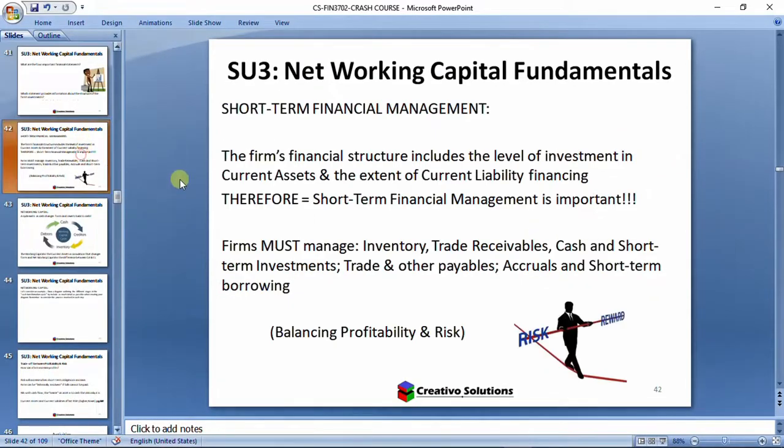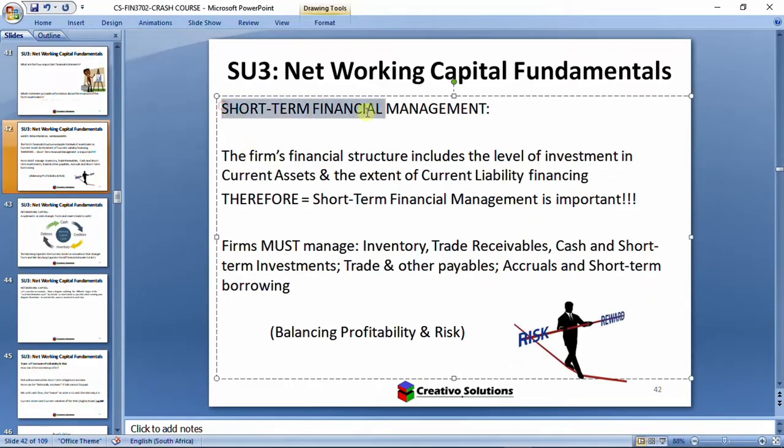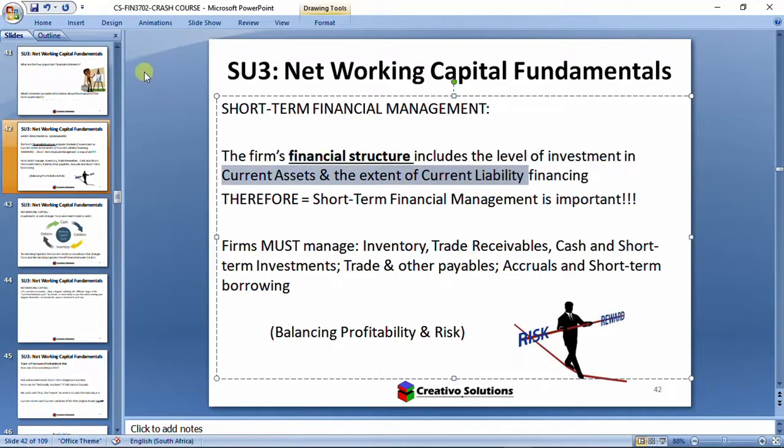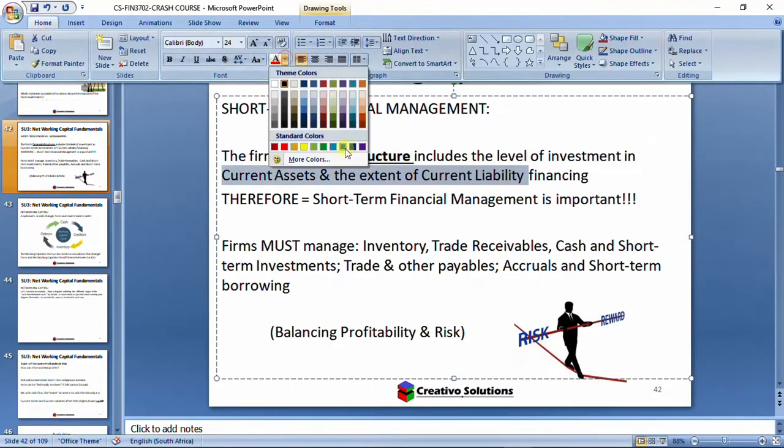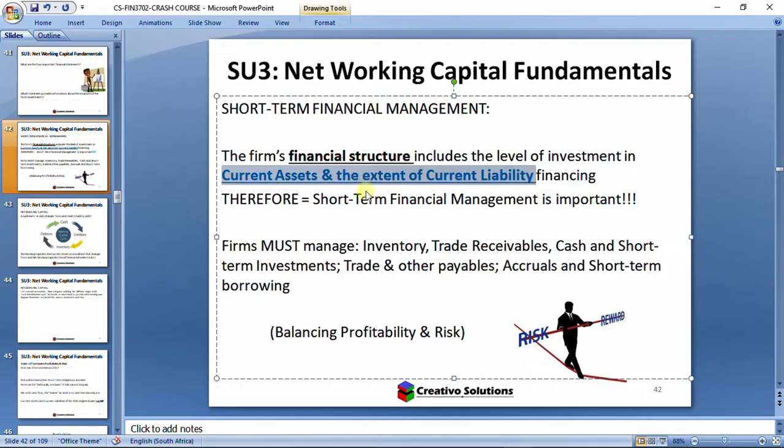Well, on the next page, we're talking about the short-term financial management considerations. The firm's capital structure doesn't only look at long-term, it also looks at short-term. So when we're looking at the short-term requirements of the business, we need to manage all of these considerations.